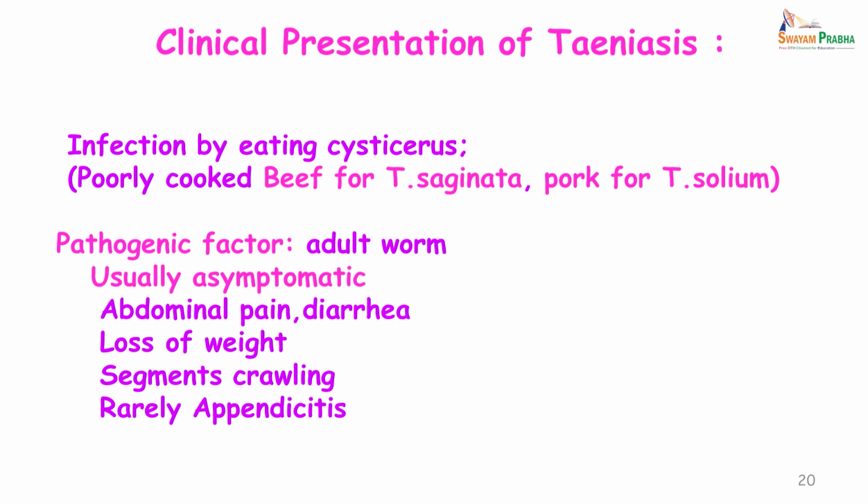The few who do will present with abdominal pain, diarrhea, maybe loss of weight, and quite often they will give you a history of either segments being passed in the feces or segments crawling out of the anus. They find a segment crawling maybe in the perineal region or on the buttocks. Rarely these worms can give rise to appendicitis.